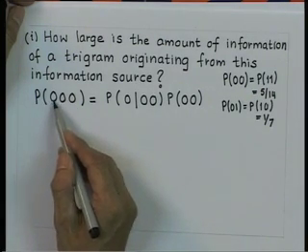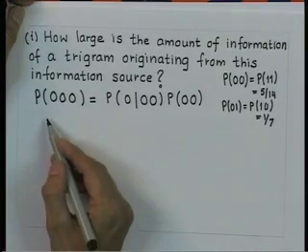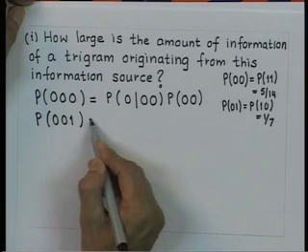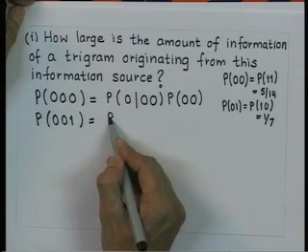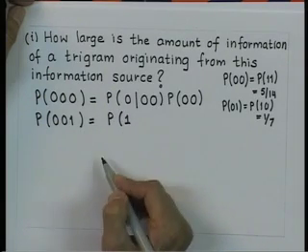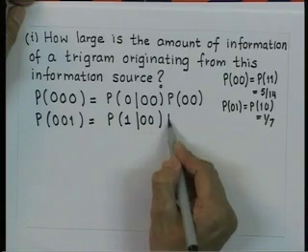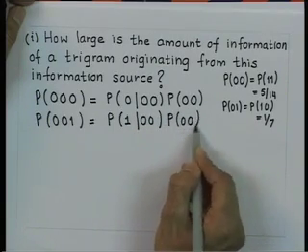So, the first one is the probability of 0, 0, 0, which would be given by this. Next would be the probability of 0, 0, 1, which would be given by the probability of emission of 1 given I was in the state 0, 0, times the probability of 0, 0.